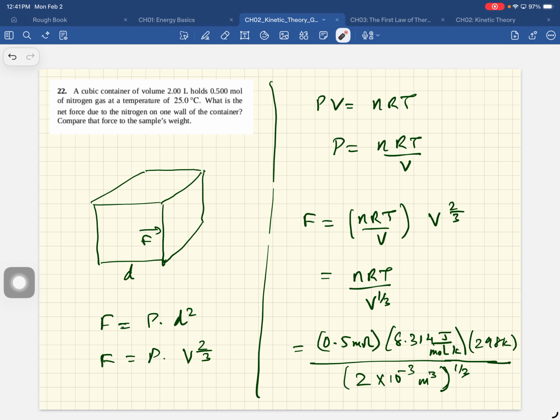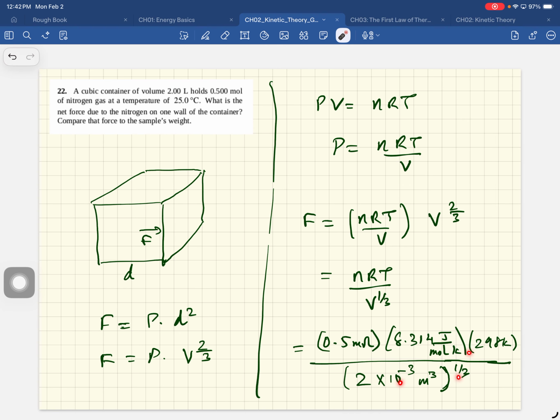All of this should work out. Everything is in SI units, so the force will come out in newtons. 10 to the minus 3 to the power 1/3 is 10 to the minus 1.